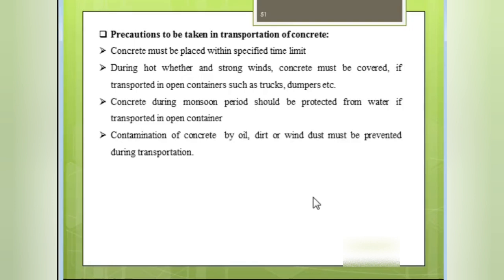That's why that container should be slowly rotated so that all the ingredients are continuously and homogeneously mixed. That is the reason behind the slow, continuous rotation.